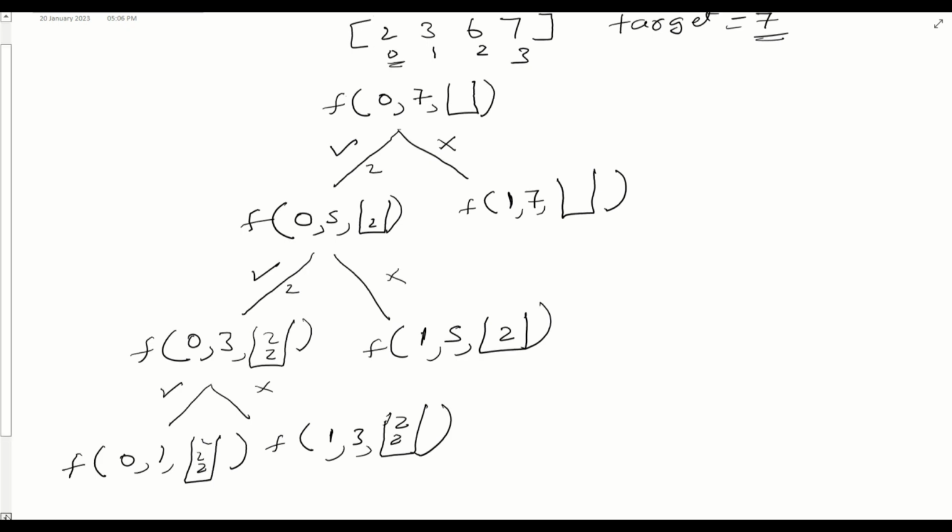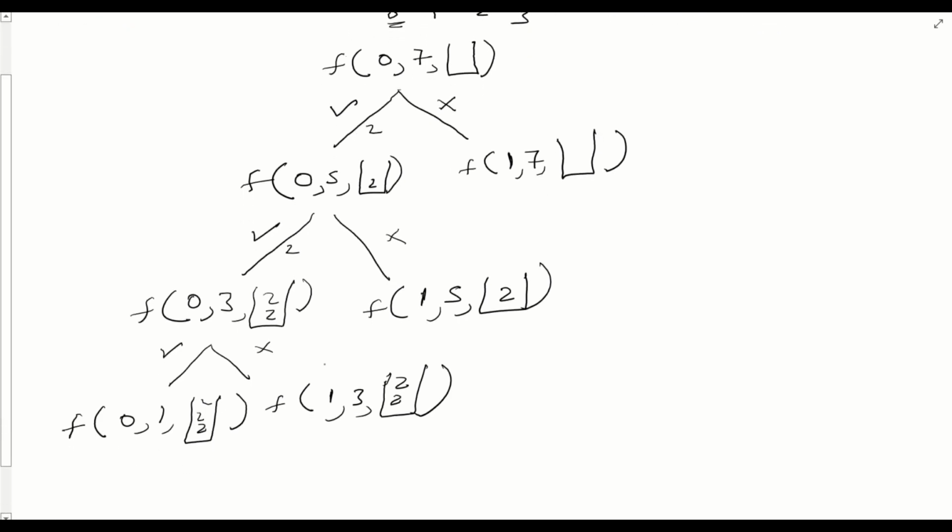You notice something, right? Once we reach this end, our target is 1. That is less than our 0th index element, 2. In this condition, what will we do? We'll stop our recursion, right? Over here we will stop our recursion, and then we'll see whether this target becomes 0.